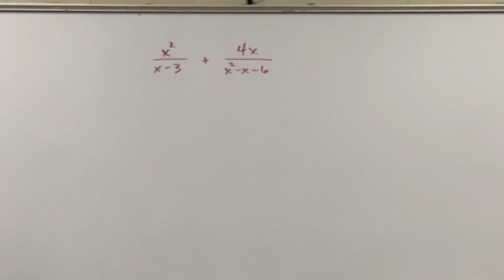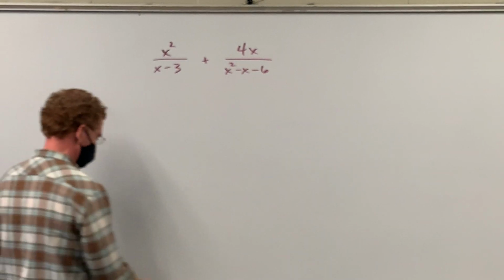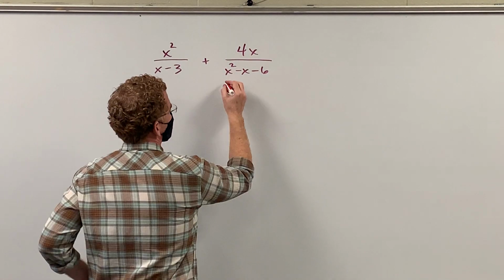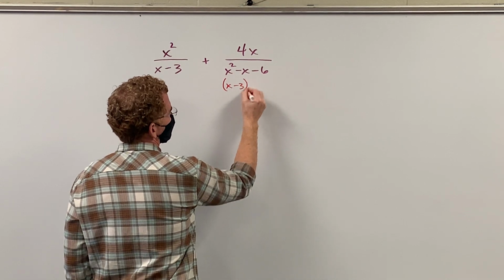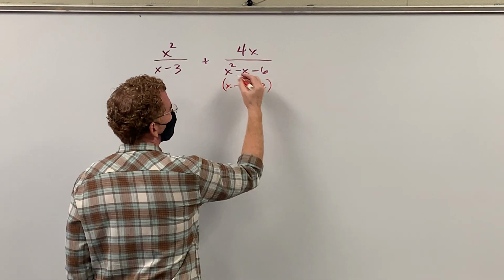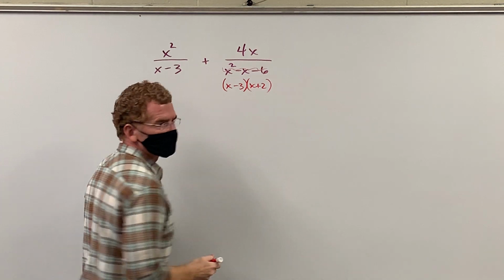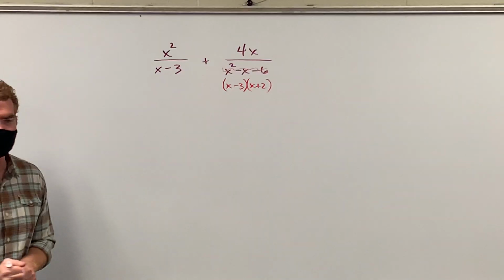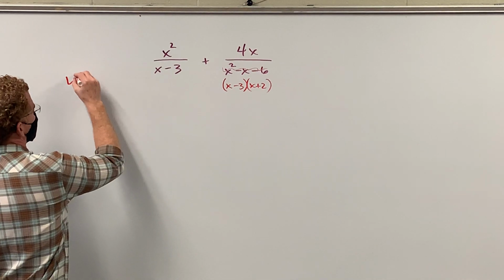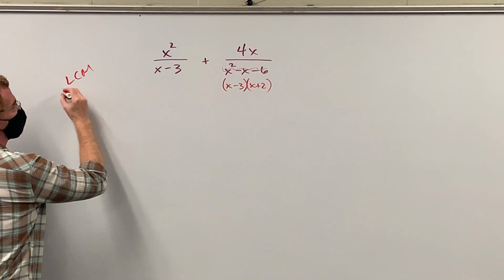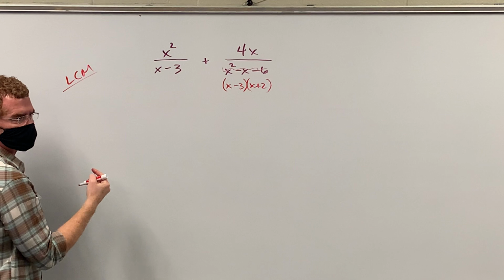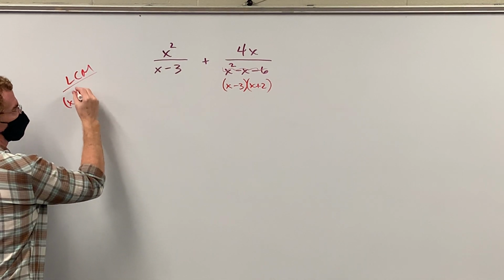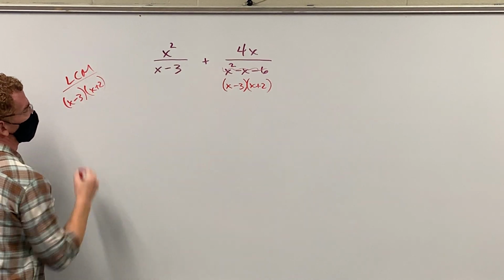Factor the x squared minus x minus 6. So you would factor that out. So let's just say that factors into x minus 3, x plus 2. Now what? Well, find an LCM. And your LCM would be the highest power of each factor, so x minus 3, x plus 2.